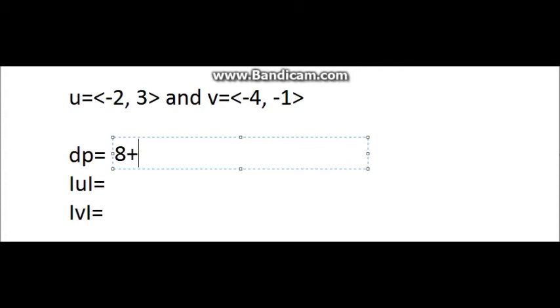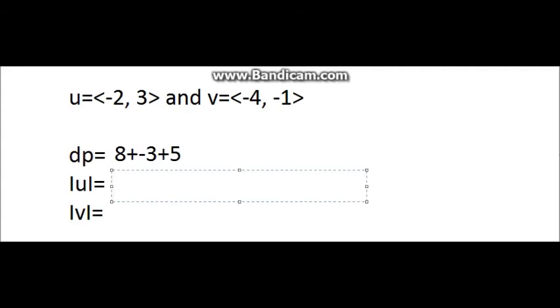Okay, so dot product, we do 8 plus negative 3, because negative 4 times negative 2 is 8, negative 1 times 3 is negative 3, and that equals 5. Sorry, that should be equals, not plus. So the dot product is 5.